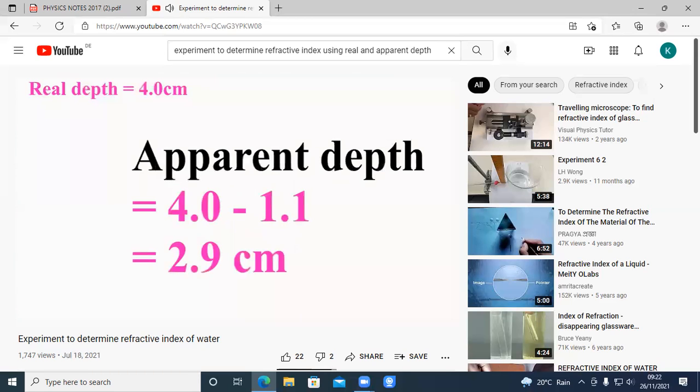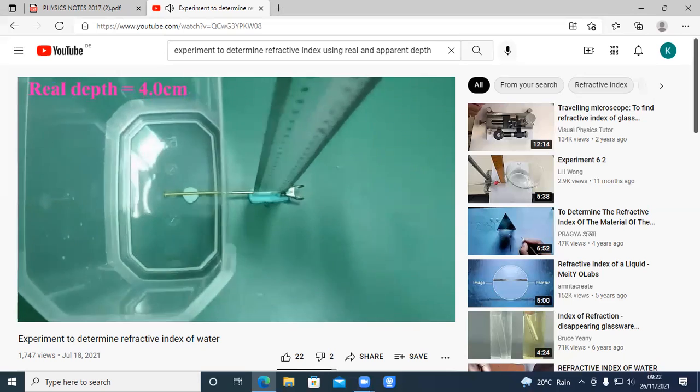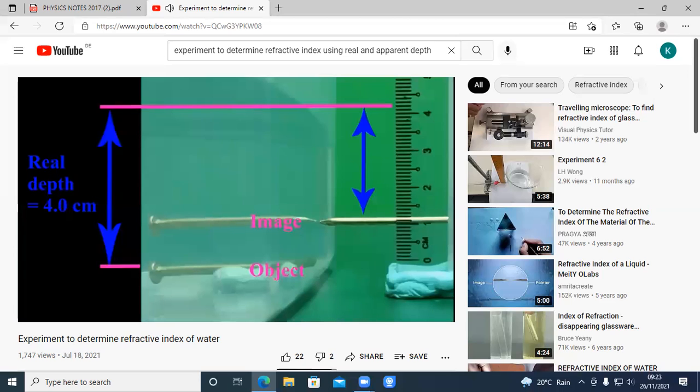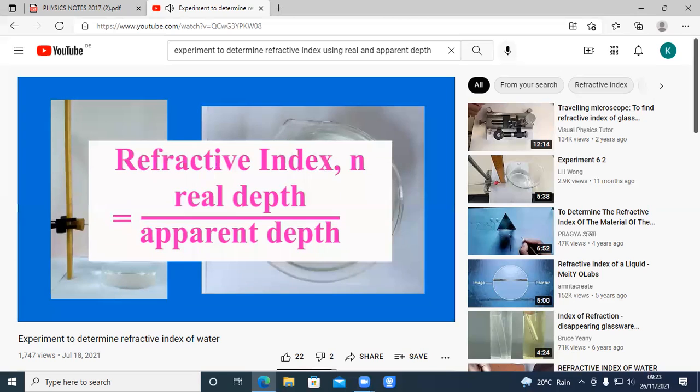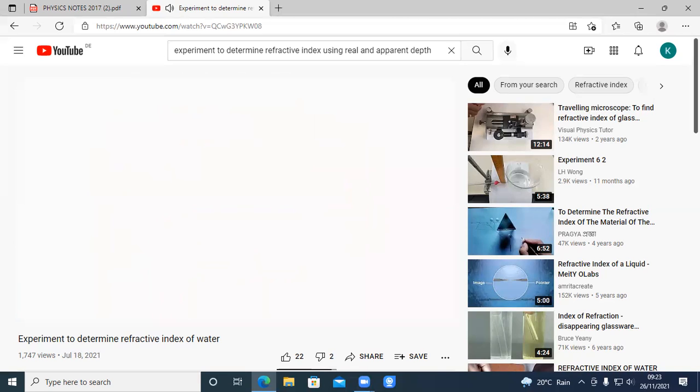Apparent depth is 4.0 minus 1.1, which gives 2.9 cm. Apply the refractive index formula, which is real depth divided by apparent depth. By this estimation method, we got the refractive index of water as 1.38.